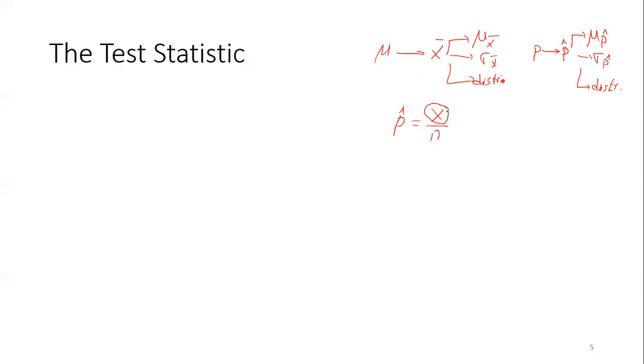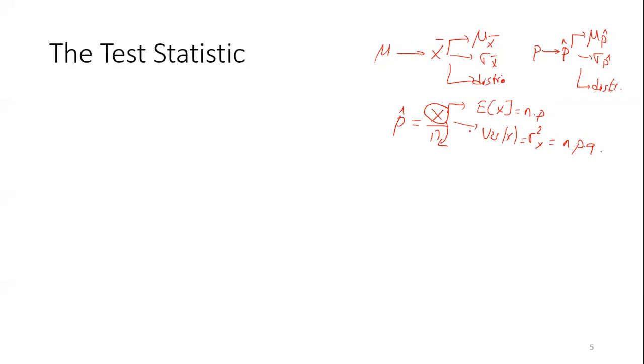So we know that x is a binomial random variable and the expected value of x is equal to n times p, and the variance of x, which is also sigma squared of x, is equal to n times p times q. That's great, because I know the expected value and the variance of x, so I divide by n, a scalar.